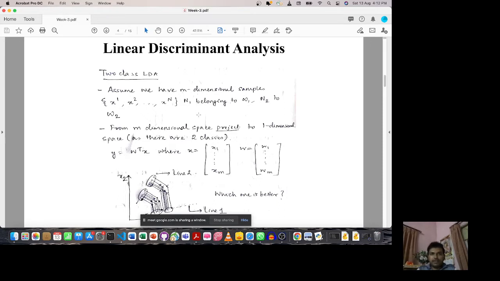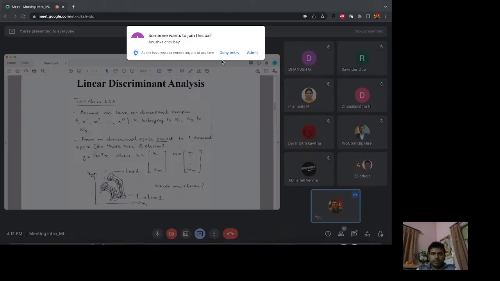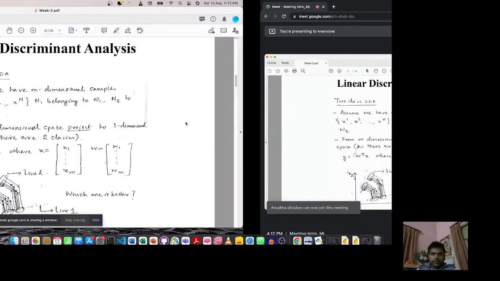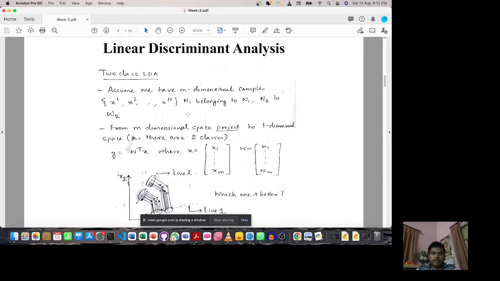They can be 3 dimensional, 10 dimensional, or 1000 dimensional as well. There are n such samples, out of which n1 samples belong to class omega 1 and n2 samples belong to class omega 2. So n1 plus n2 is equal to n.